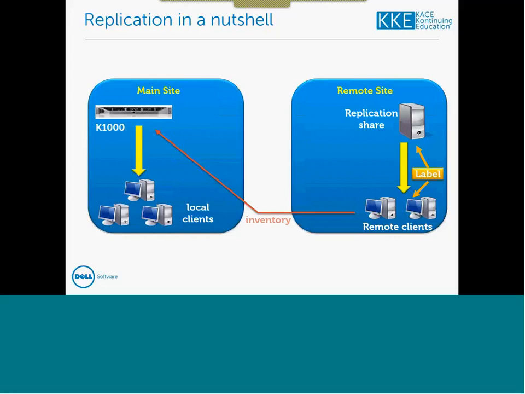Some customers have asked us with specific needs, like for example some countries with very, very low bandwidth, whether they could cut off the whole connection between the agents and the main K1000. This is not possible. The clients must still be able to connect to the main K1000, because this is where the label will be applied and they will get the information on where to get the elements they need to download. So again, this link, this inventory link, is extremely important.